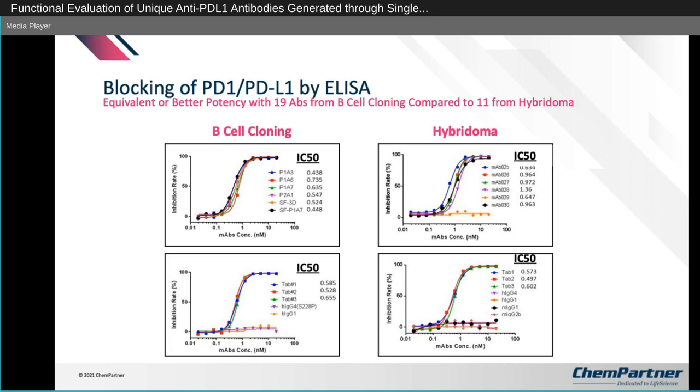And as you can see, 19 antibodies identified by the Beacon platform had equivalent or better inhibitory activity compared to the 11 antibodies identified by the hybridoma approach. As you can see from the graphs, they have a really good blocking profile, very similar to those of the benchmark antibodies.